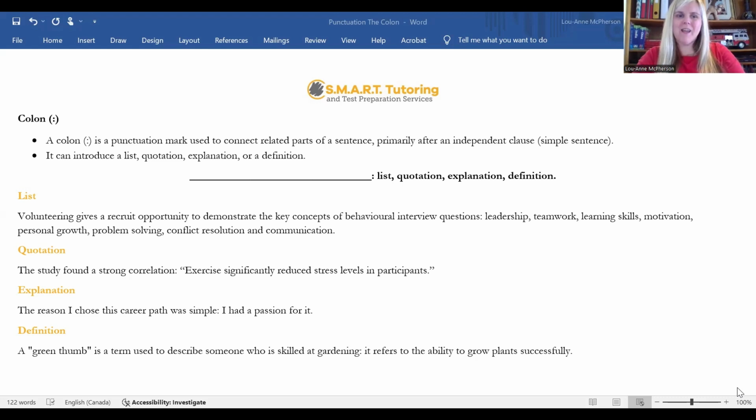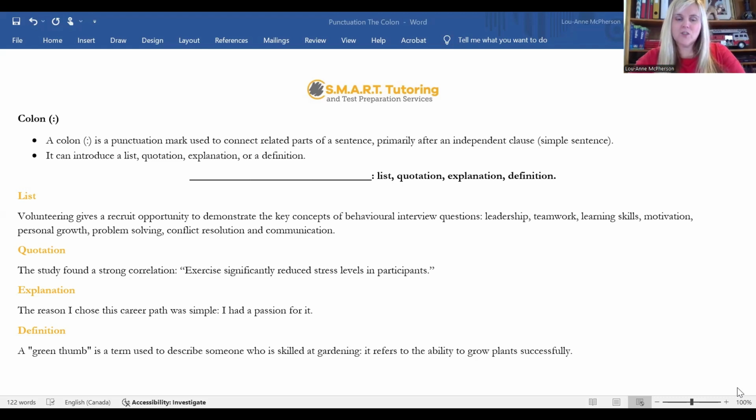The third example I have for you is using the colon to introduce an explanation in a passage. The example here is, the reason I chose this career path was simple: I had a passion for it. So I want you to feel like the author is setting you up here, because in a way they're introducing something. And in this case, they're giving explanation or clarity to the original sentence, which is why they chose this career path.